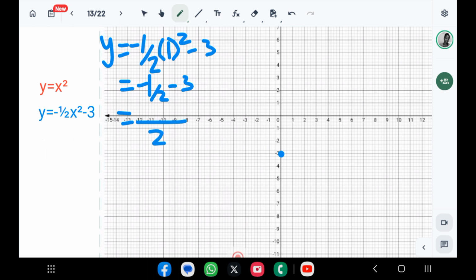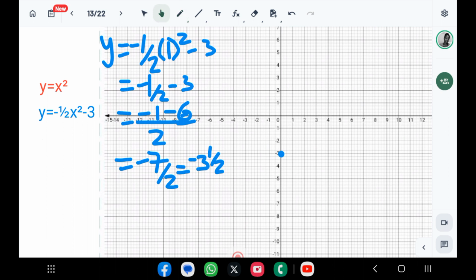Take the lowest common denominator 2. That's negative 1 minus 6, which equals negative 7 over 2. Negative 7 over 2 is simply negative 3.5. That goes for negative 1 as well. So negative 3.5 is when we have 1.